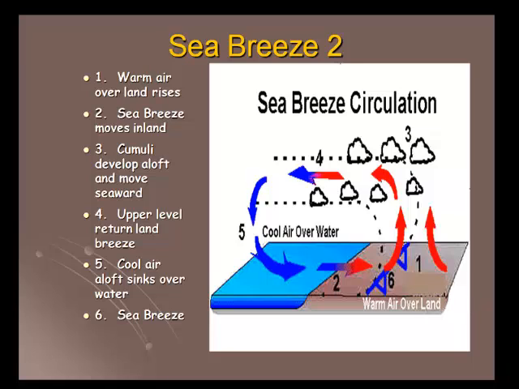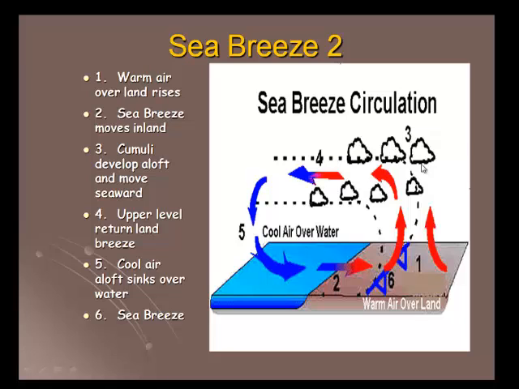So in step number 1, the warm air rises over the land during the day because the sand is heating the air, causing a convection current. The sea breeze moves inland to take the place of the rising air. The cumulus clouds develop in the sky and they move toward the sea.